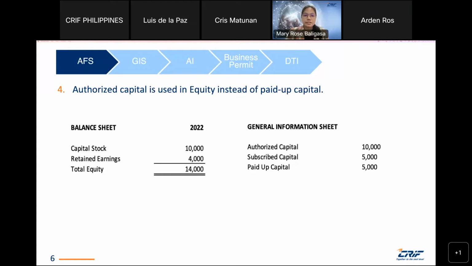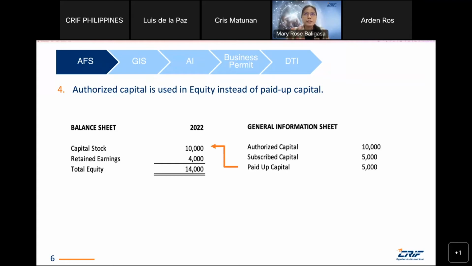First, the authorized capital is the registered capital of the company, while the subscribed capital is the amount of capital out of the authorized capital for which the company has received applications from the general public who are interested in buying shares. The paid up capital is the actual amount paid by shareholders out of their subscribed capital. In reporting the capital stock in AFS, paid up capital is used and not authorized nor subscribed.